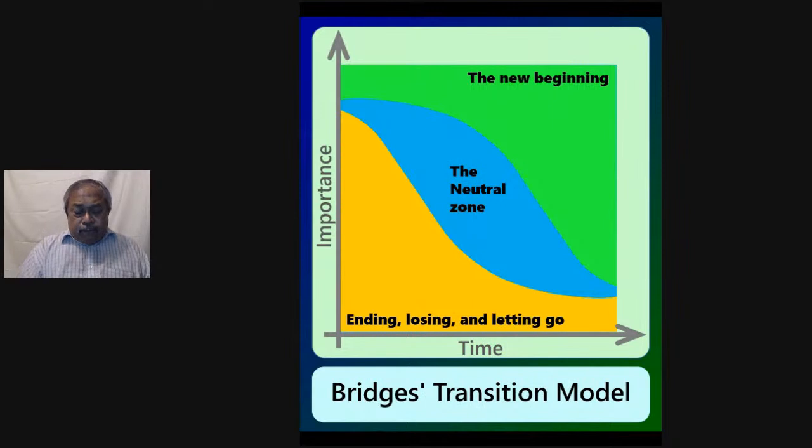Here there is a graph shown on this screen, intended to explain the concept of the Bridges transition model, which shows the importance of a particular topic against time on the x-axis. As the time increases, how does the importance evolve when you are trying to change something, when you're trying to change your mindset or culture? That is what is shown on this slide.